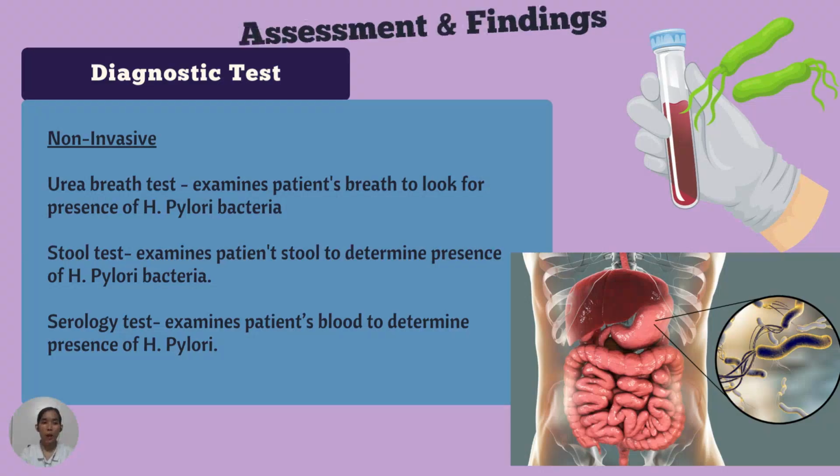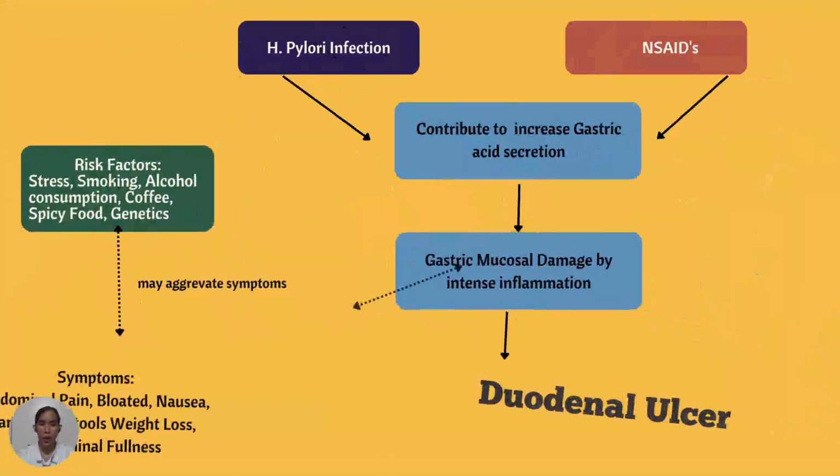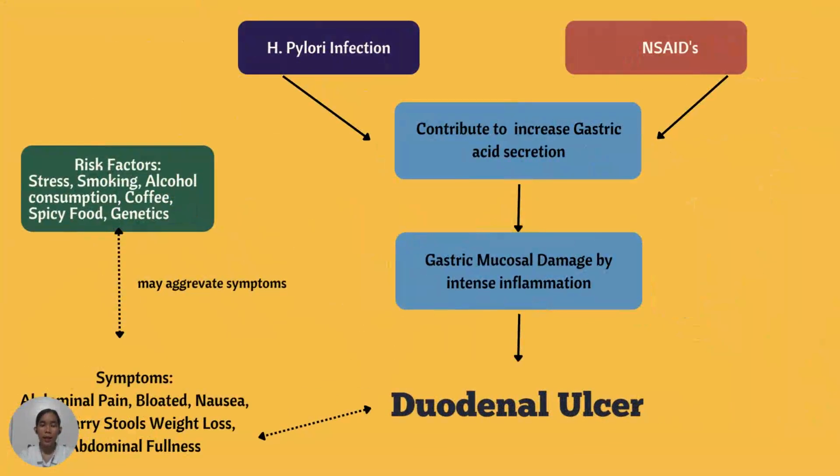So here is our pathophysiology. As you can see, the leading causes of this ulcer are H. pylori infection and the use of non-steroidal anti-inflammatory drugs. When a person takes these drugs or has an H. pylori infection, there is a possible contribution to increased gastric acid secretion.